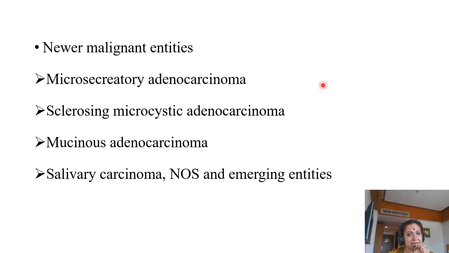So for newer malignant entities, you actually have three: microsecretory carcinoma, sclerosing microcystic carcinoma, and mucinous adenocarcinoma. And then the previous adenocarcinoma NOS, oncocytic carcinoma and all have been merged together under salivary carcinoma NOS and emerging entities.